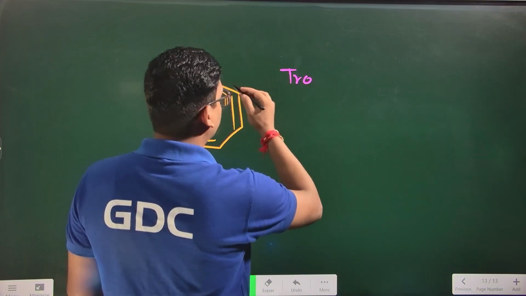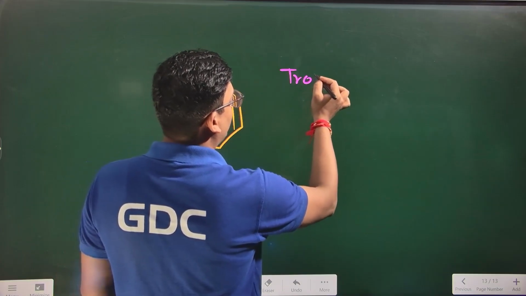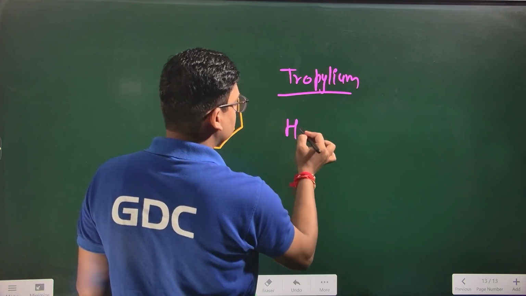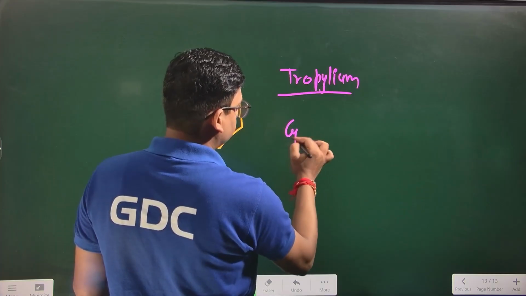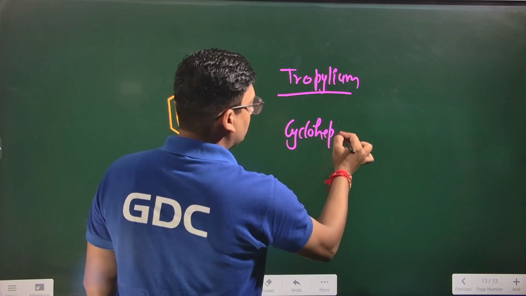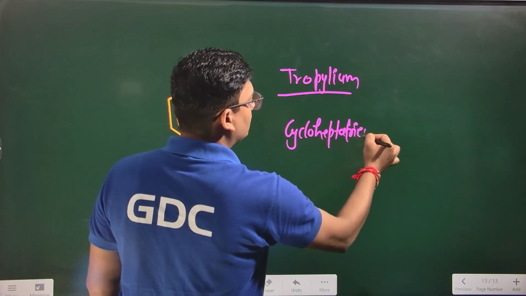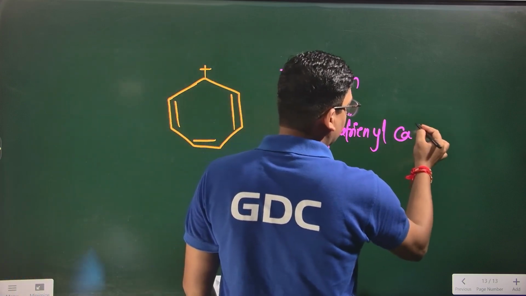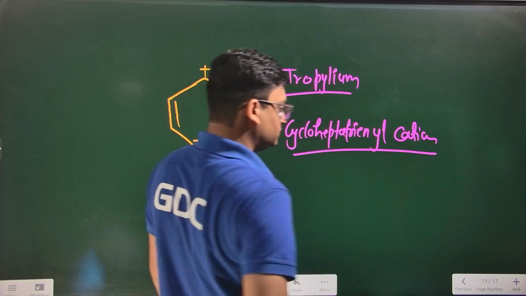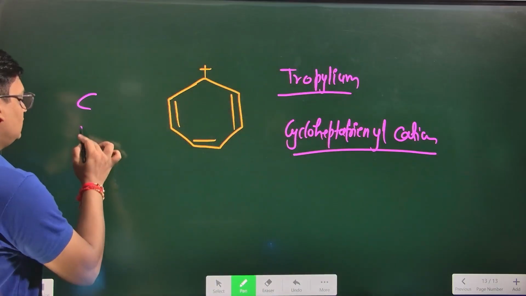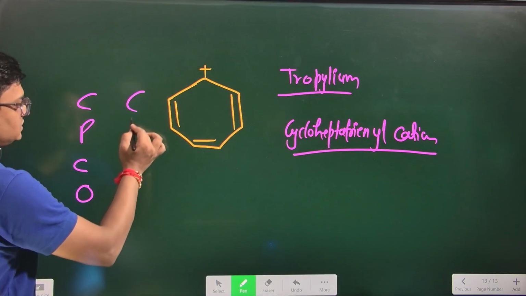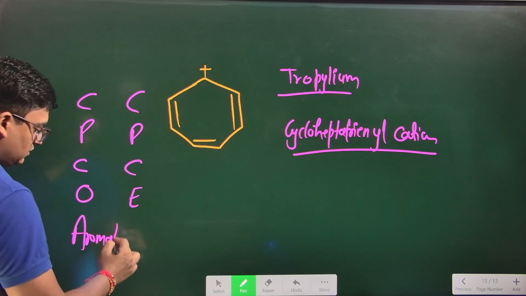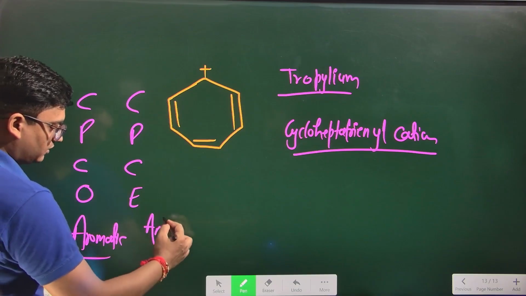You can simply write this structure as tropylium, okay, tropylium, and the IUPAC name as cycloheptatrienyl cation. So simply apply the formula CpCO or CpCe, aromatic, anti-aromatic.